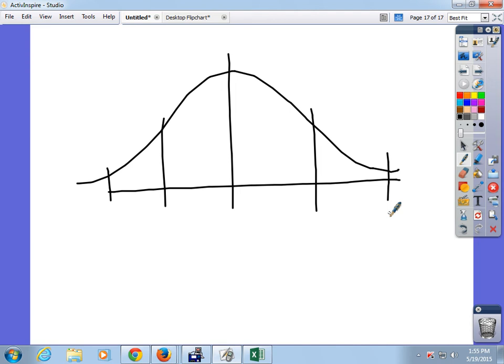Draw that. And in the middle, that's 20. And what are we going to do to the right side? We're going to add what? Add 3 and add 3. On this side, we're going to what? Subtract 3 and subtract 3. And that's how you use the mean and the standard deviation.